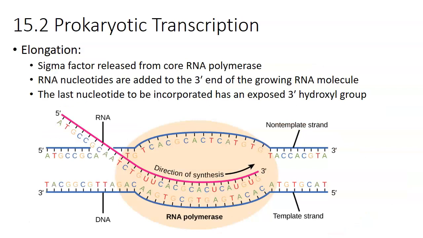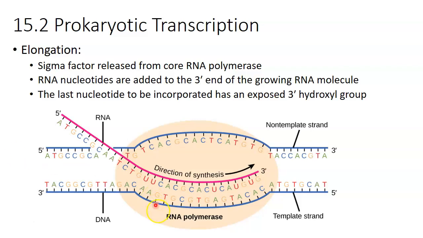What comes next? Elongation. At this point, any other proteins that were helping, for example the sigma factor that we saw in the previous slide, are going to be released from RNA polymerase. And so now RNA polymerase is going to pretty much do this part on its own. RNA polymerase will read the template strand.